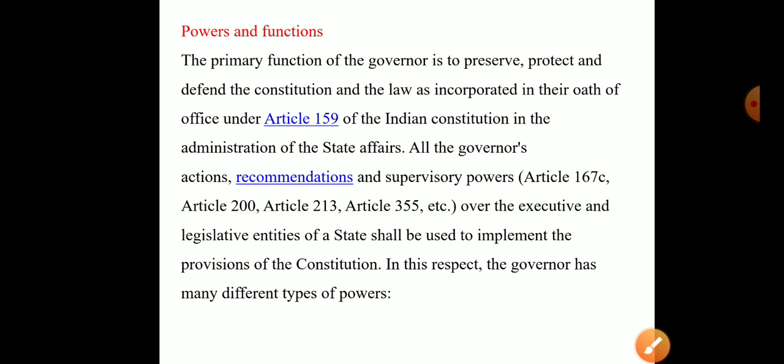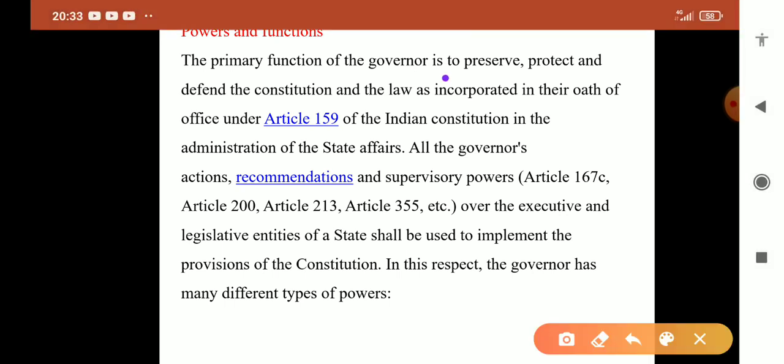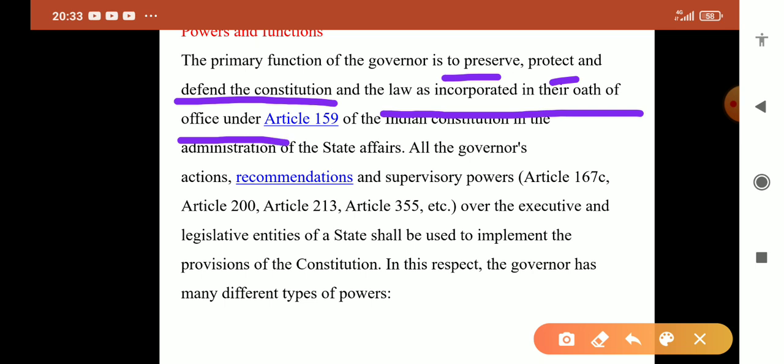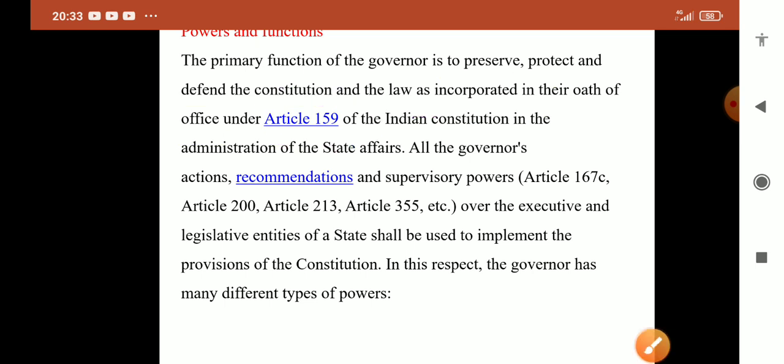Powers and functions of governor. The primary function of the governor is to preserve, protect, and defend the Constitution and the laws as incorporated in their oath of office under Article 159 of the Indian Constitution in the administration of the state affairs.